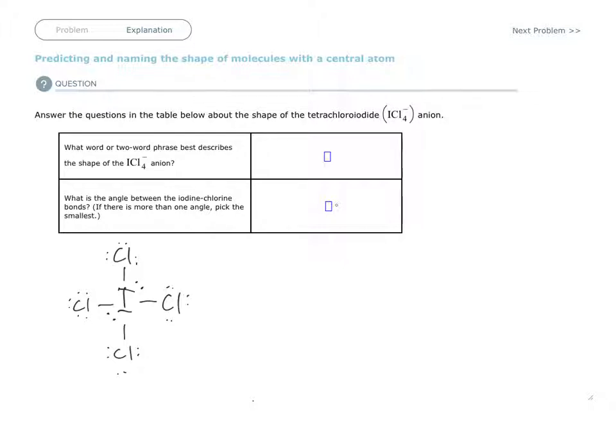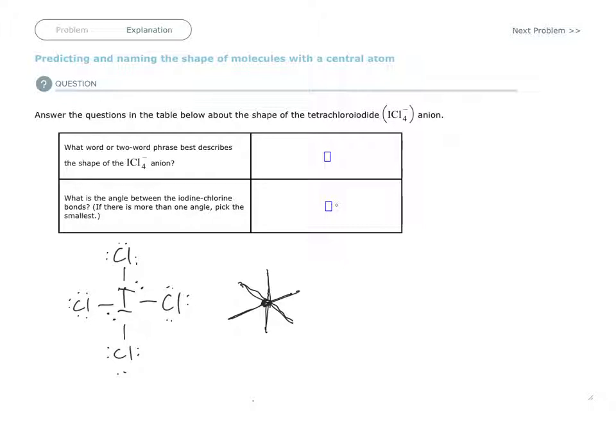So an octahedral, remember, if I can draw an octahedral, you're going to have something like that. Here's a central atom. I've got an east, a west, a front, a back, a straight up, and a straight down. So everything is 90 degrees. Each one of these is 90 degrees from each other if it's an octahedral.